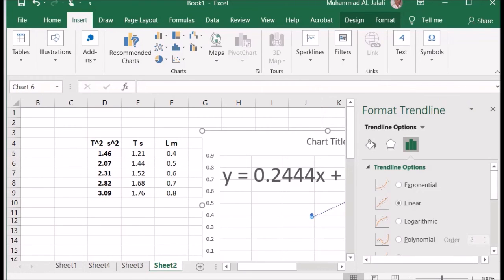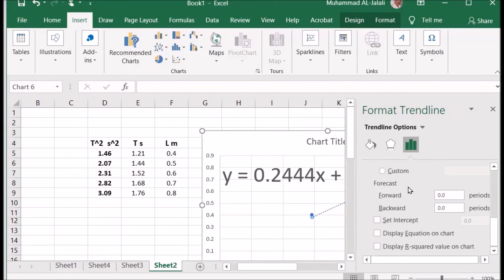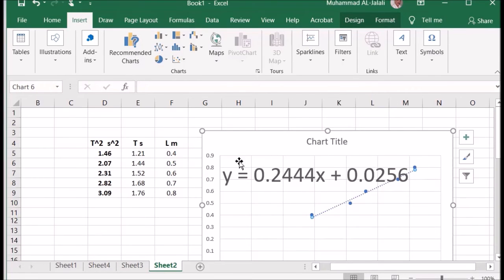From the list of trend line, go to the bottom and choose display equation on chart. We will get this relation.